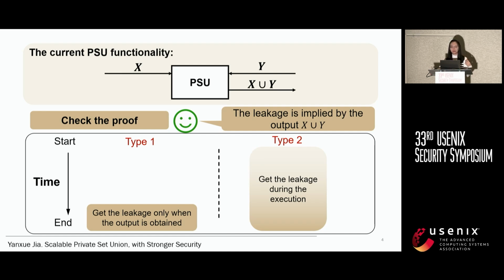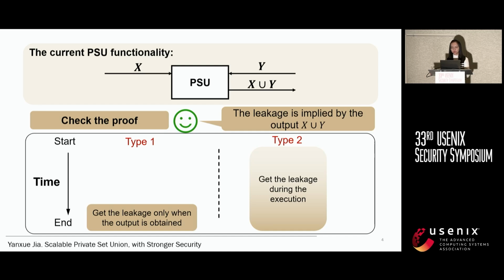Maybe someone thinks, as long as the leakage is implied by the output, then maybe we don't need to care about it. Because if you obtain the output, then you must be able to get the leakage. However, we found that that's not true, because the protocols have two types. In type 1, the receiver can get the leakage only when the output is obtained, which means that before obtaining the output, the receiver cannot get any other information.